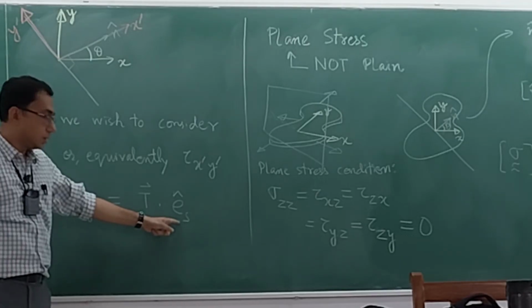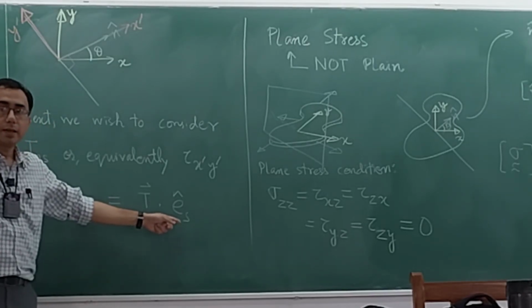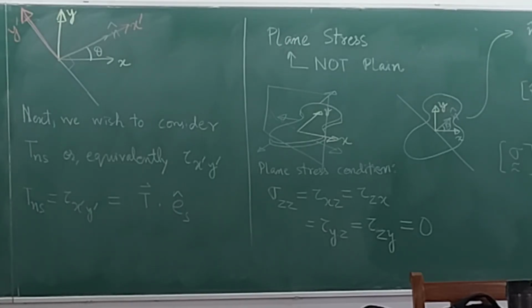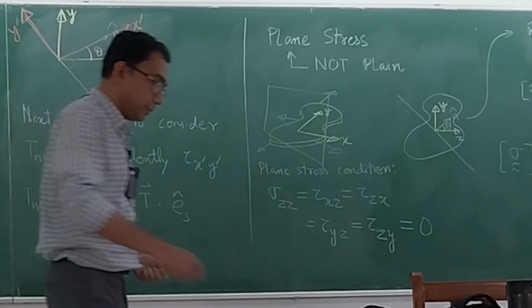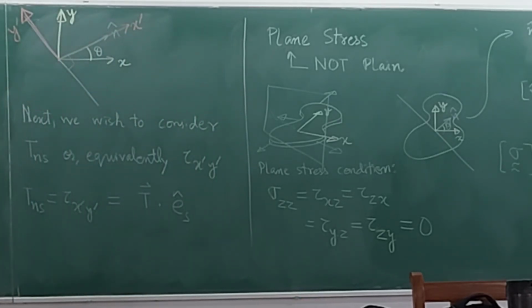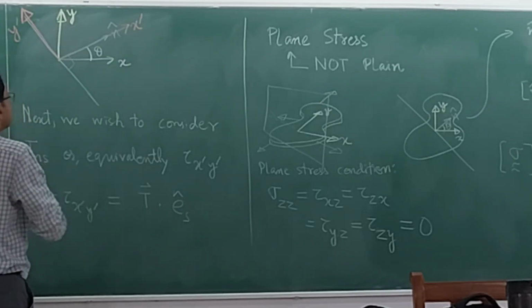This Es hat, what is it perpendicular to? It is perpendicular to the n hat. Okay, now you tell me, you bring in all your knowledge of trigonometry and vectors, and tell me what is the expression of Es hat. You look at this picture, this is the n hat.